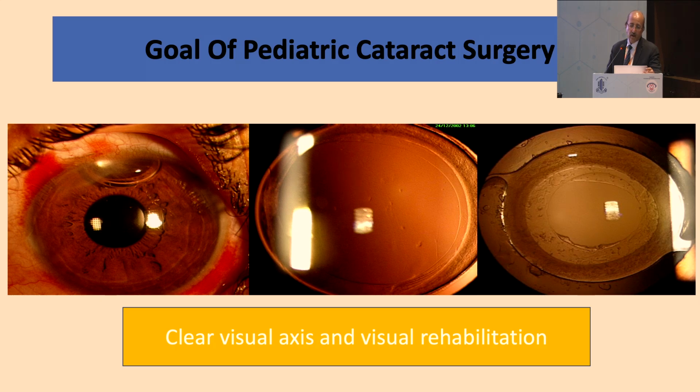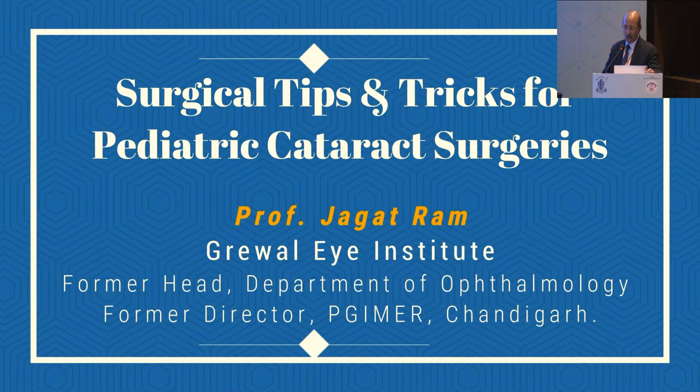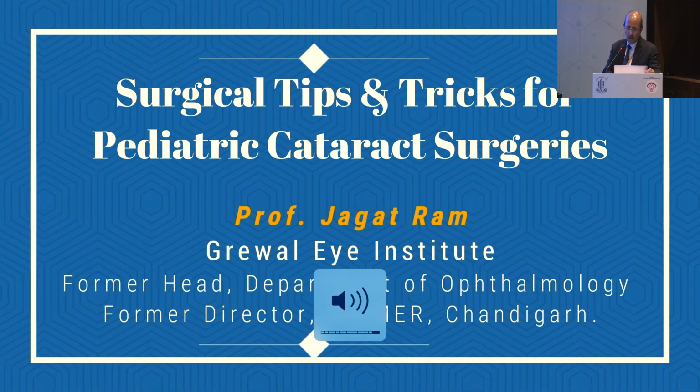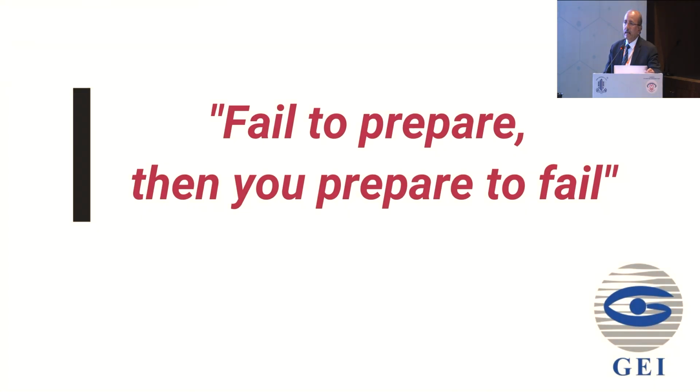And what is our goal of pediatric cataract surgery? The goal is to achieve a clear visual axis and visual rehabilitation, that is, long-term visual rehabilitation. And then I will show some of the situations. First I will be showing a normal pediatric cataract, where it is a zonular cataract.